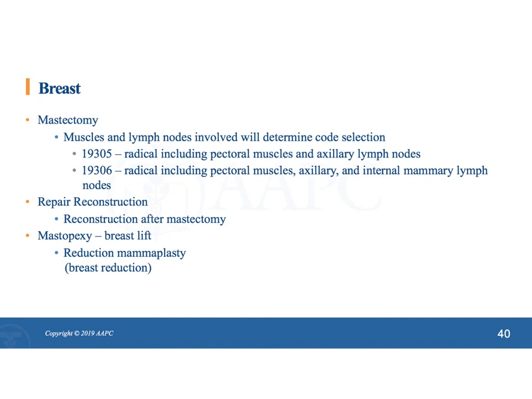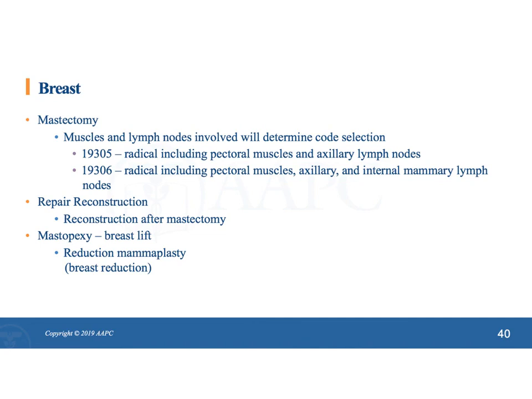Code 19305 is reported for a mastectomy radical, including pectoral muscles and axillary lymph nodes. Radical meaning more extensive. 19306 is a radical mastectomy, including pectoral muscles, axillary, and internal mammary lymph nodes.